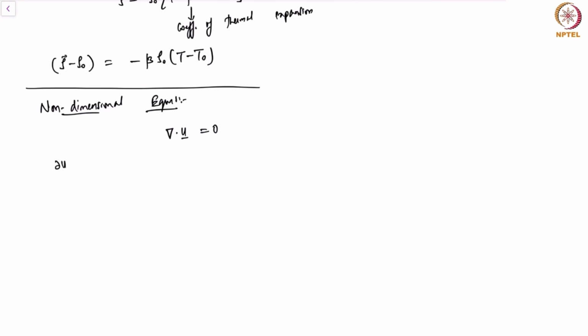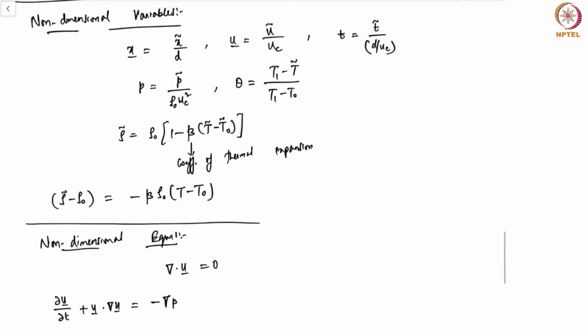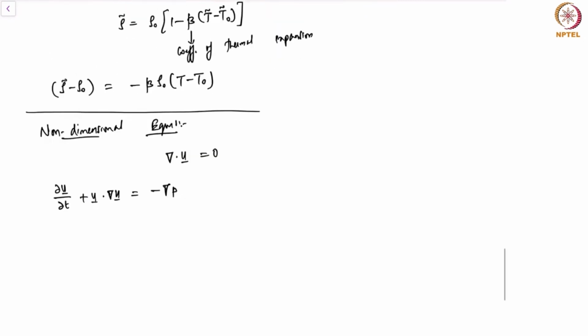So what we have is del u bar by del t plus u bar dot grad u will be minus grad p, where p would be p tilde d, just put a subscript d there, plus the viscous term, which will be nu naught by uc times d times del square u, and finally we have the gravity term.